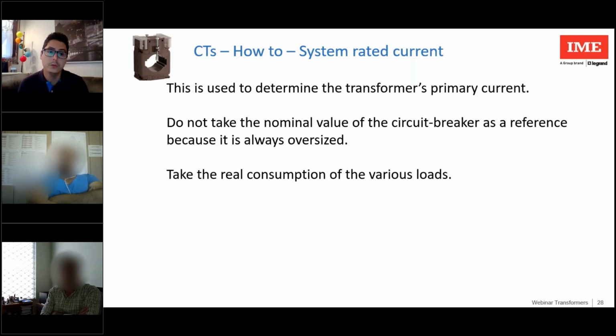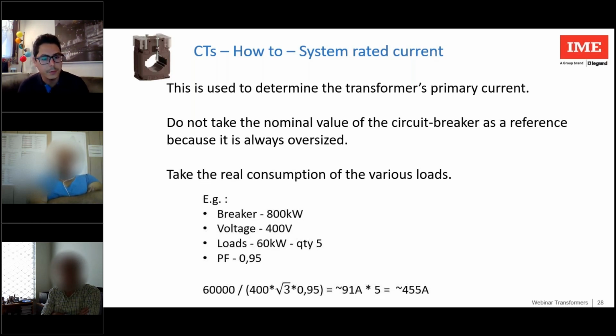It's important to take the real consumption of the various loads. This is an example. I have a breaker of 800 kilowatt, with a voltage of 400 volt. But I have 5 loads of 16 kilowatt each, and a power factor of 0.95. So I take the power of one load, 16 kilowatt.